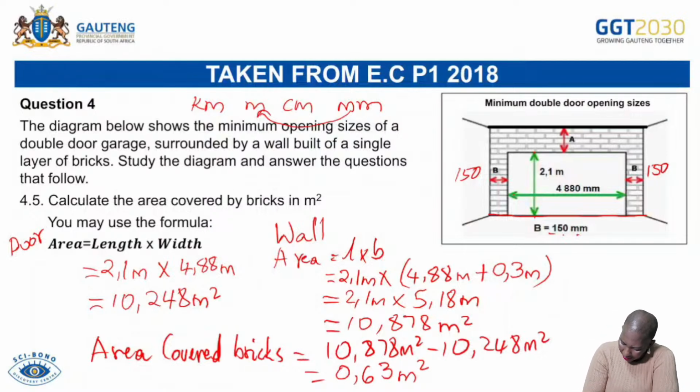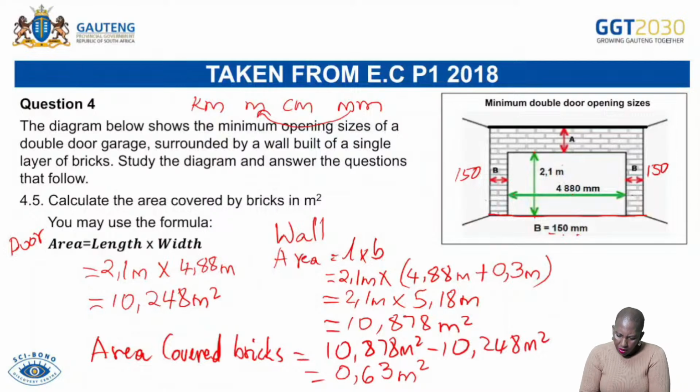So now, boys and girls, let's see here. This is the total distance. Let's see if we did not make any faults here. Here's the area of the door, 2,1 by that.